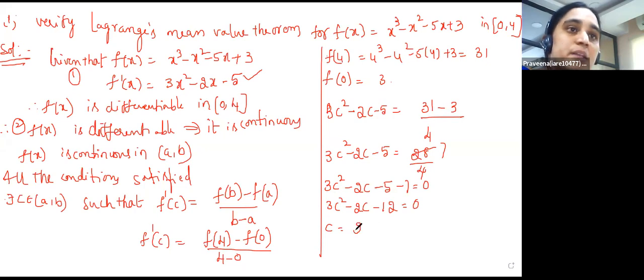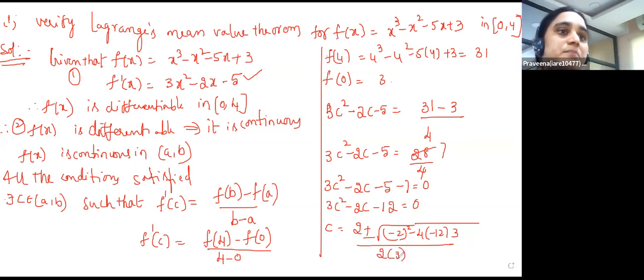That is minus b, plus or minus under root minus 2 whole square minus 4 into minus 12 into 3, by 2 into 3. Then c is equal to 2 plus or minus under root 4 plus 144 divided by 6.